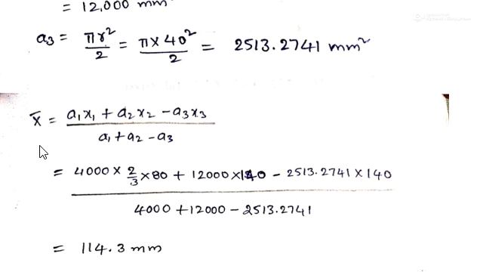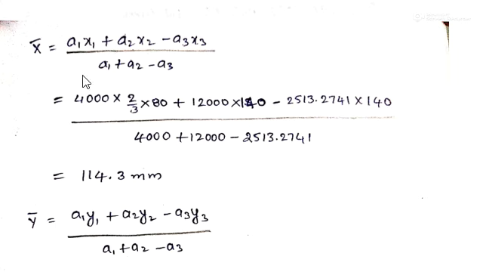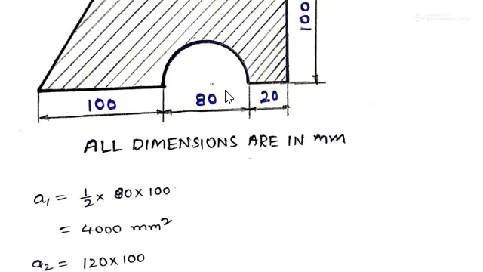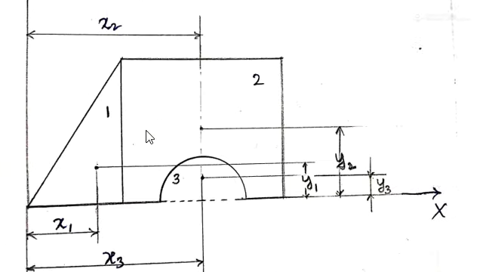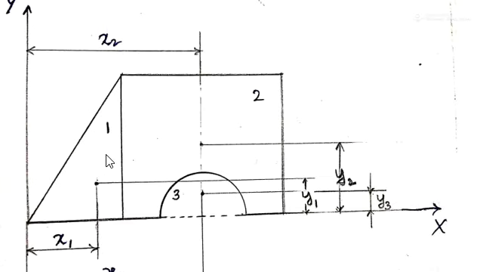So we got the areas also, and we substitute into the formulas of x bar and y bar to get those values. We know the x bar formula is A1 x1 plus A2 x2. Here we are adding these two figures, the total rectangle, and from that we are removing this semicircle.